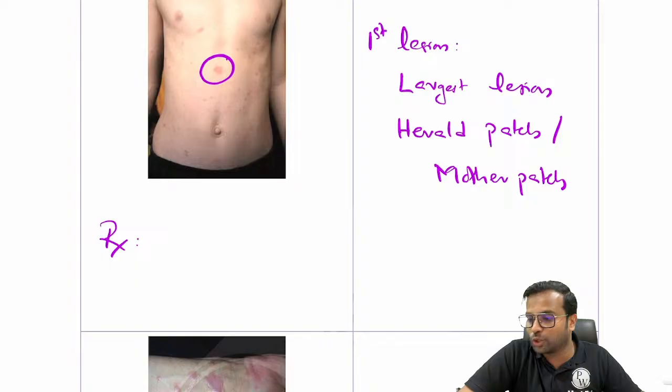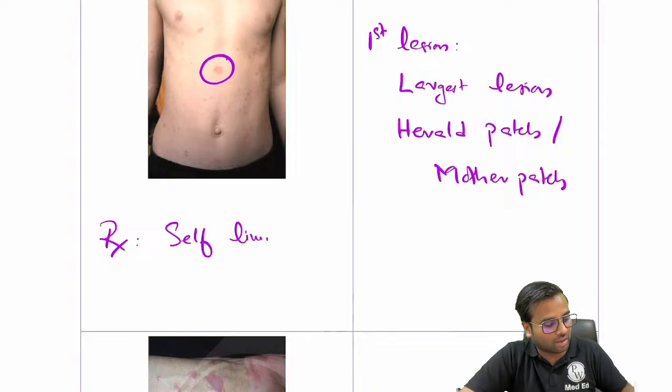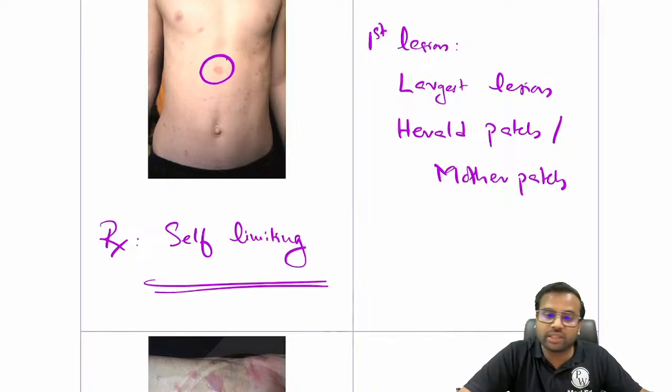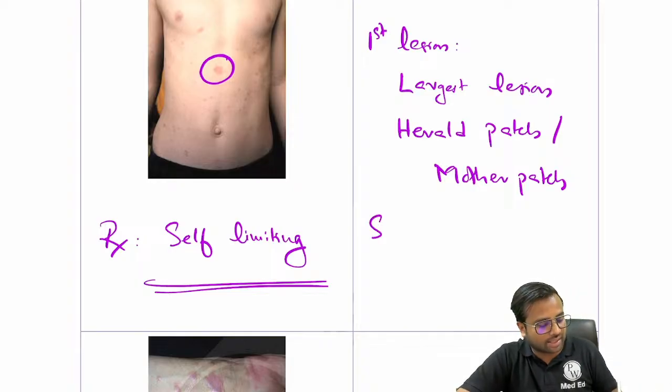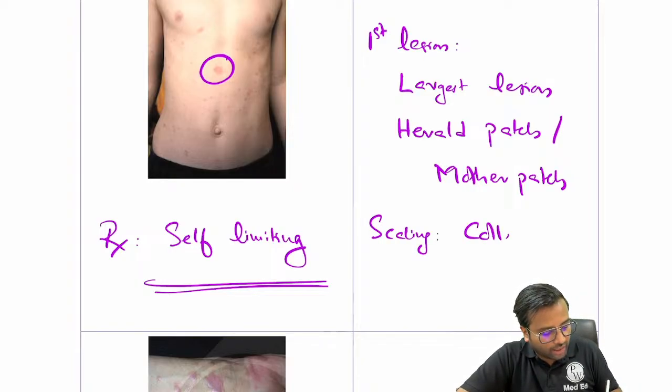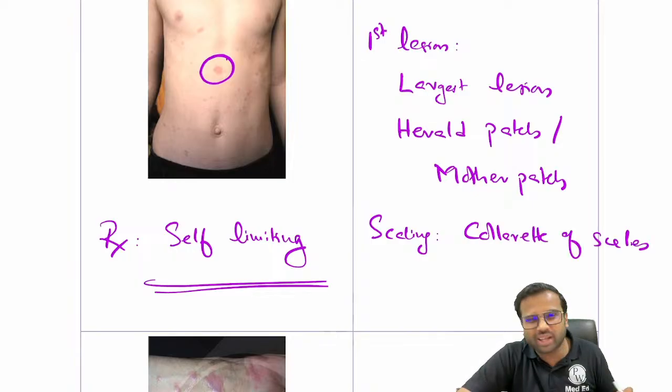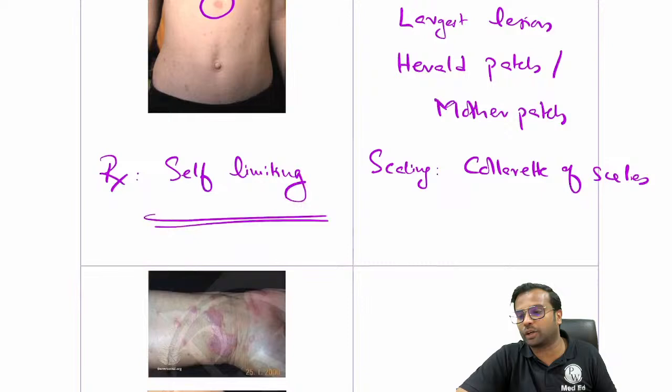Why is everybody saying yeah? This is self-limiting. So this is a self-limiting condition. And in this disease, you also find some typical scaling as well. The scaling in this disease is going to be collarette of scales or a cigarette paper kind of scaling can be seen.